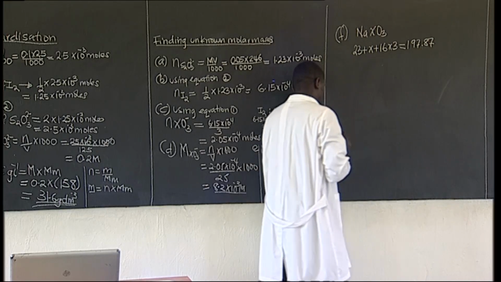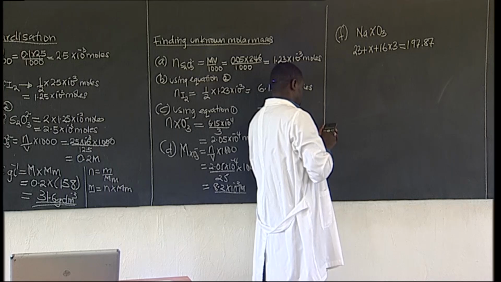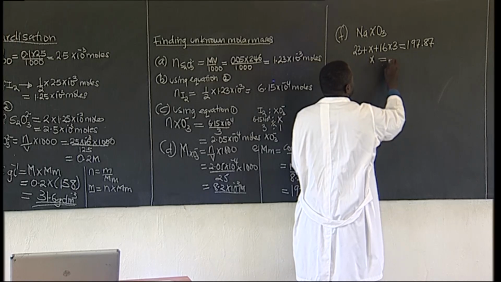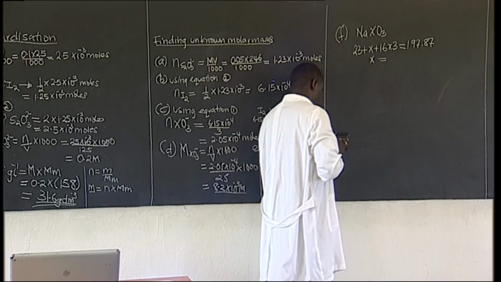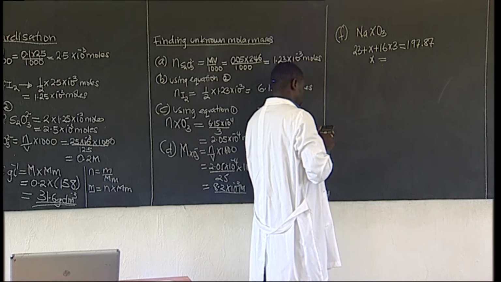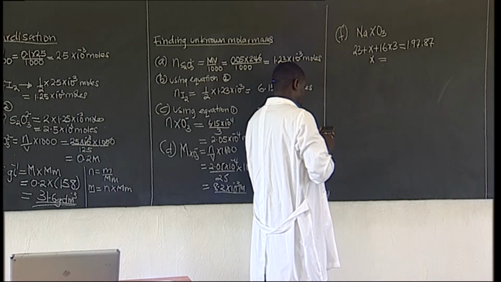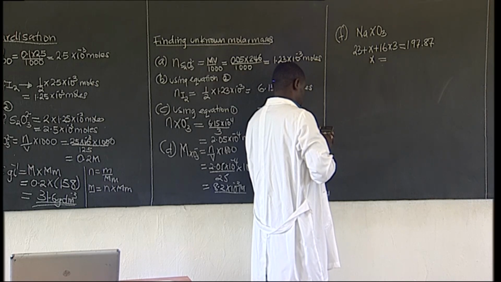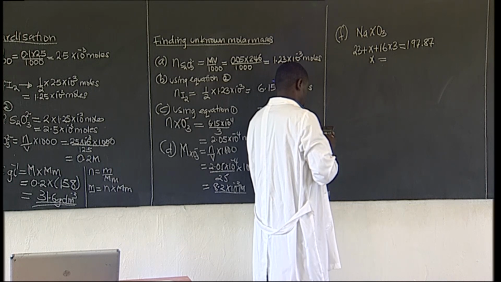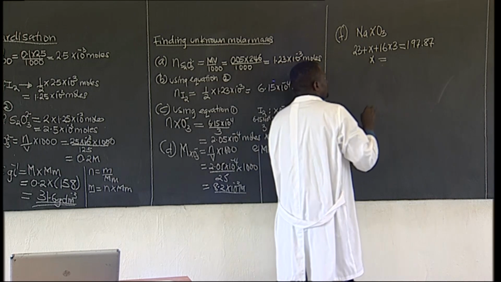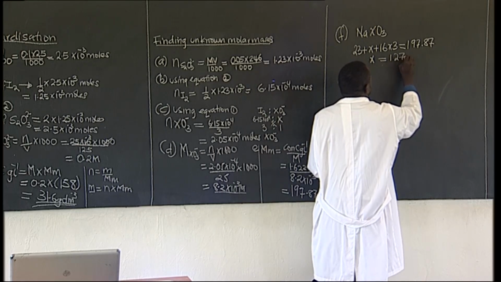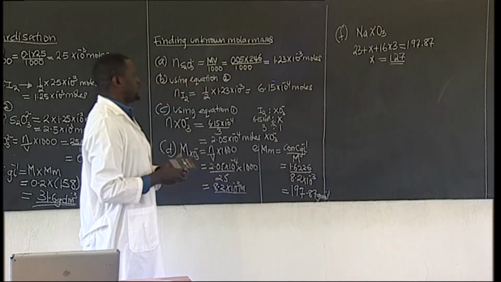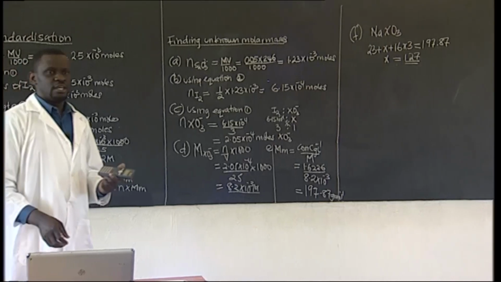So we have 23 plus 48, and X equals 197.87 minus 23 minus 48, which is approximately 127. So it is easy to recognize that our X is iodine.